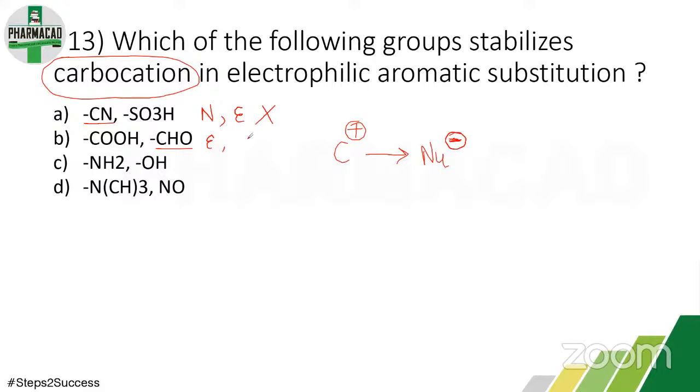Aldehyde is also an electrophile, not possible. Next, amine is nucleophilic. Hydroxy is also nucleophilic. So both are nucleophilic, which means they can stabilize the carbocation. In the fourth, one is trimethylamine, which is nucleophilic, but this one is electrophilic. So this is also not possible. So the answer is option C, that is amine and hydroxyl group.